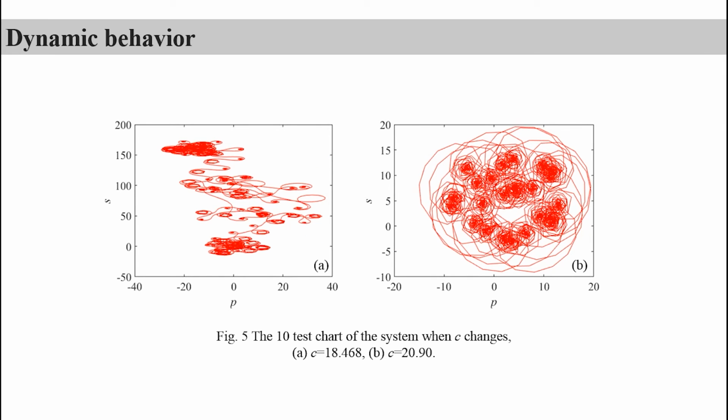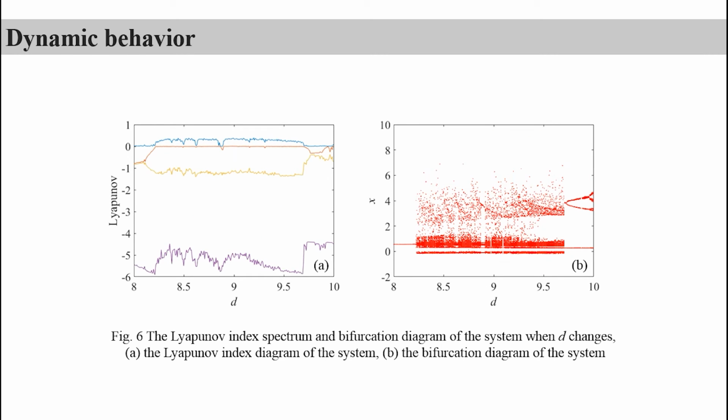Like the system parameters, A is this, B is this, C is this, E is this, H is this. M0, M2, M4 are 0.5. M1, M3, M5 are 0.3. E1 is 0.4. The initial value is 0.1.